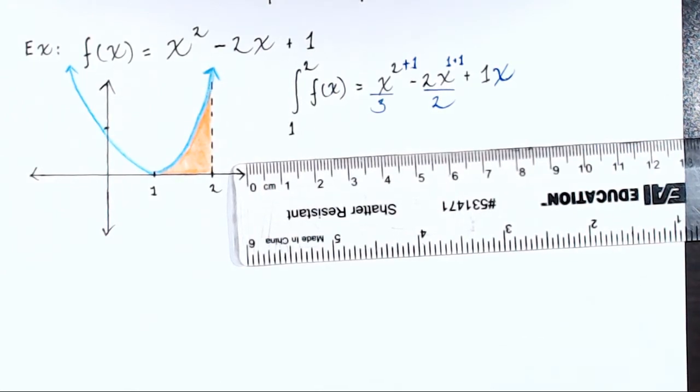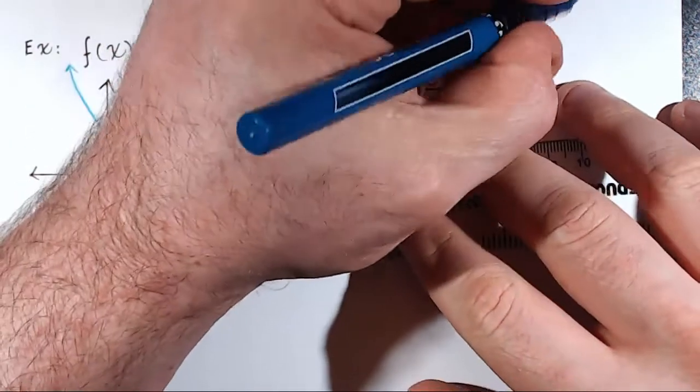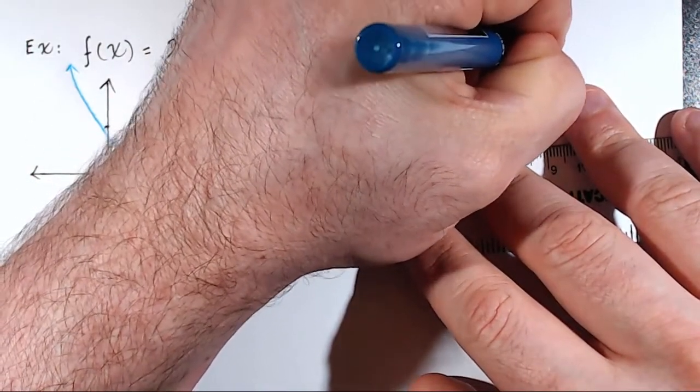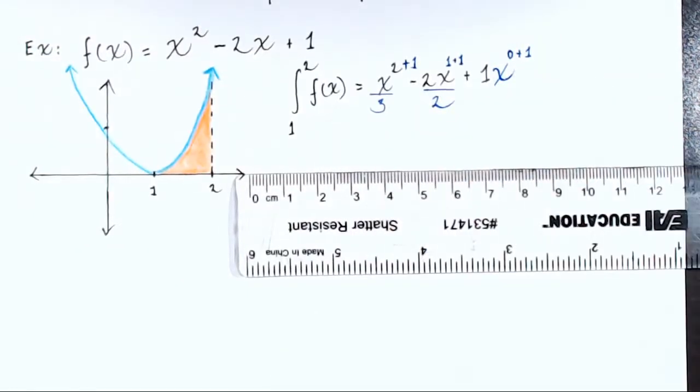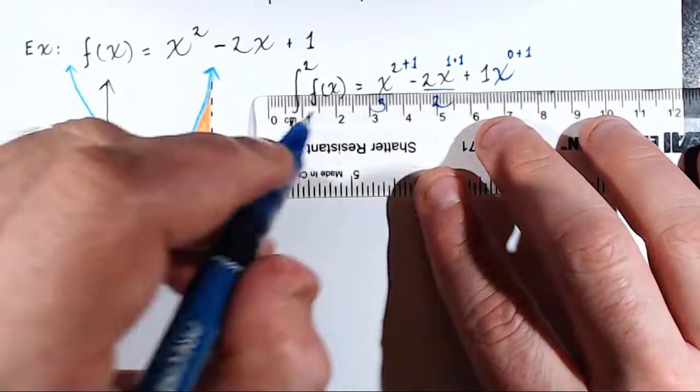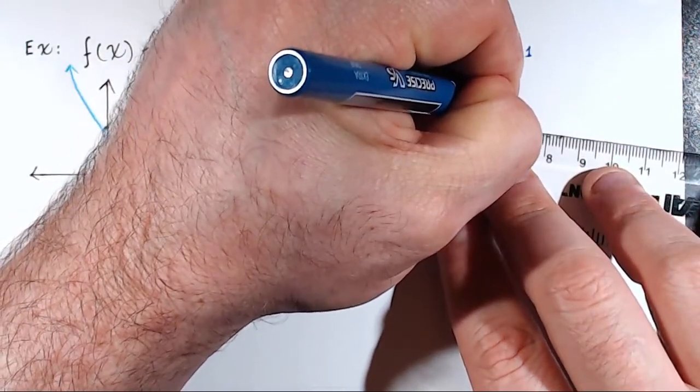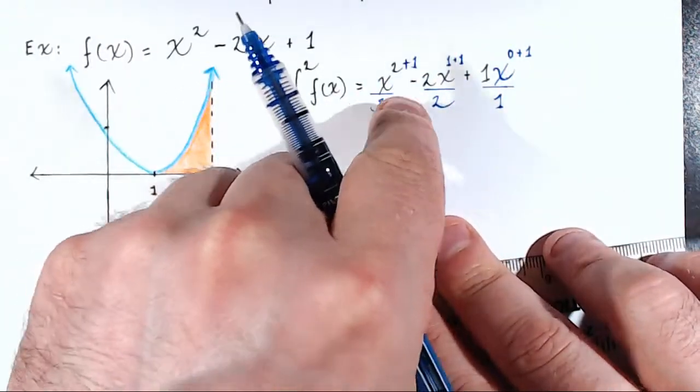Because essentially there was an x sitting there with an exponent of 0, and we're adding 1 to it. So if you wanted to, you could say 0 plus 1 divided by 1. And there's that nice little harmony, 3, 2, 1.